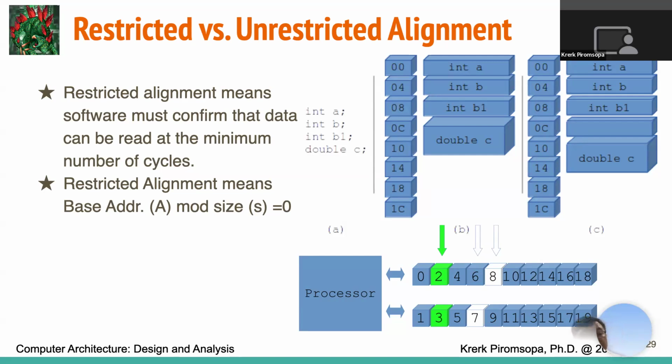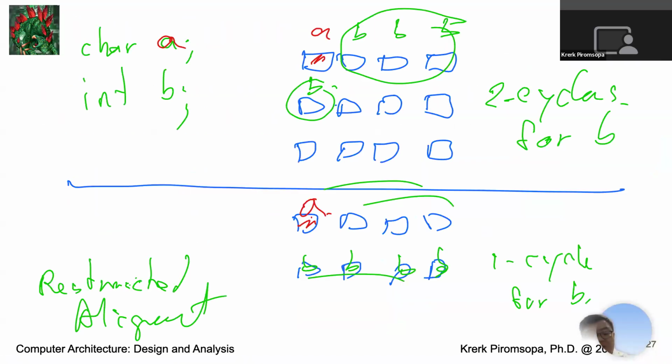That means you have to put in some space in exchange for being able to read some variable faster. But the downside is like this.